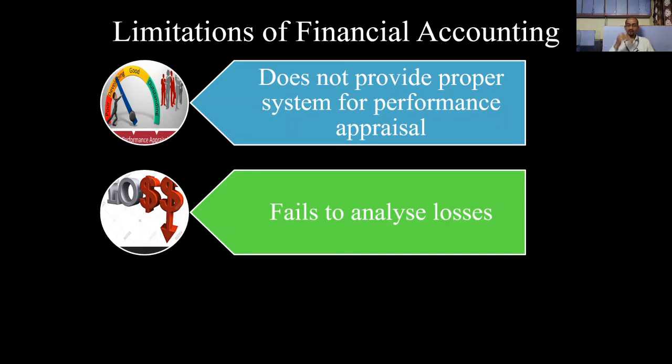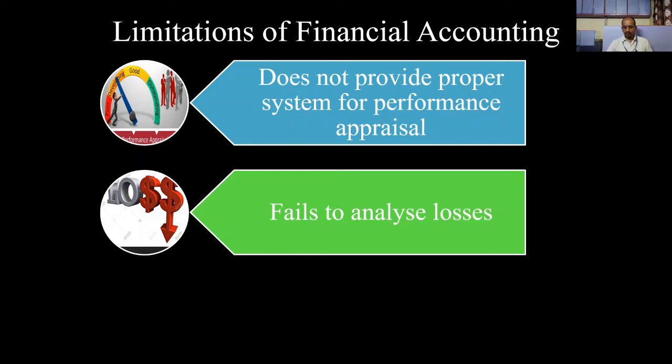We can see the profit and loss account. We can see there is certain expenditure, but why? If we want to analyze the loss, the answer to this why will not be there with financial accounting. It is with the cost accounting.